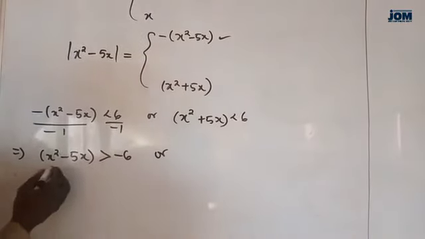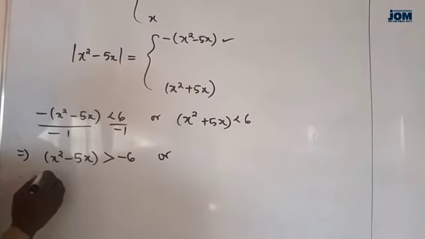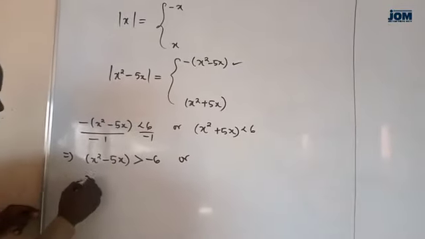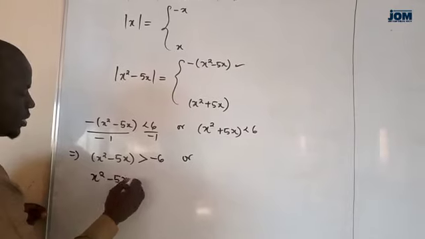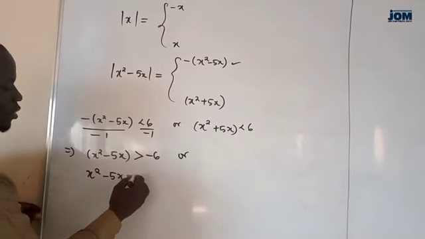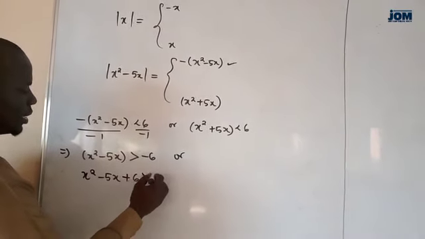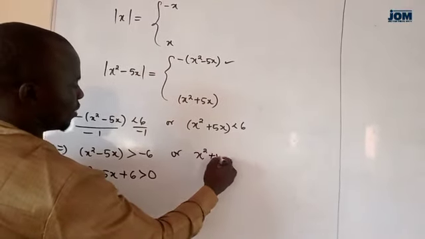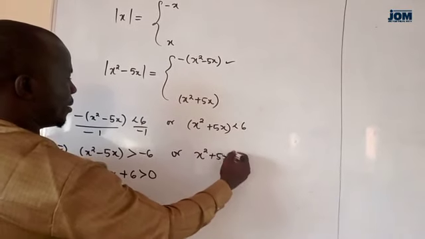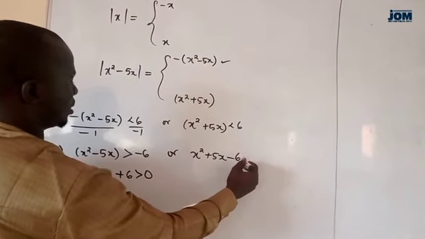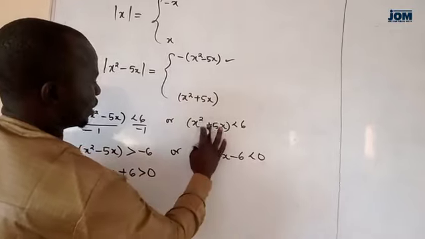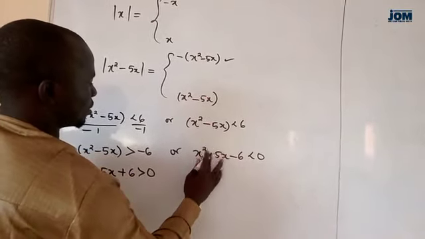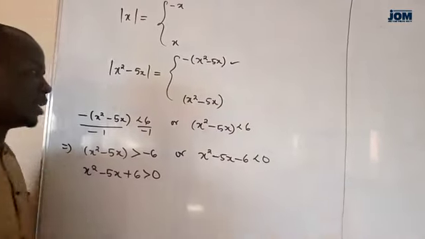This will give us a quadratic inequality. It will be x squared minus 5x, when this comes to this side, it becomes plus 6, all greater than 0. While this one gives us x squared plus 5x minus 6, all less than 0. Sorry, this place is minus. Gives us less than 0.